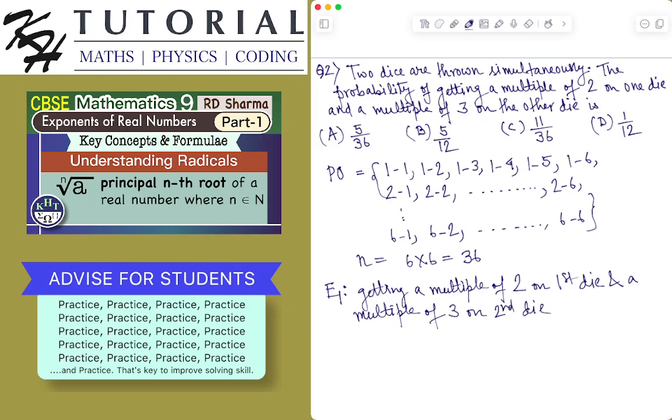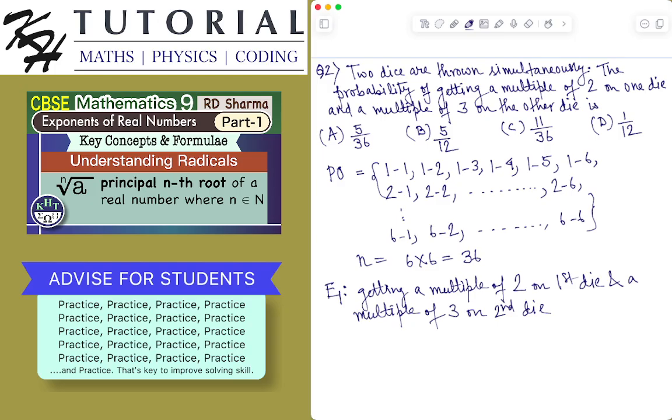I am defining this event because we have to consider all those outcomes where the number on the first die is a multiple of 2 and the number on the second die is a multiple of 3. It could also be that the number on the first die is a multiple of 3 and the number on the second die is a multiple of 2. We have to consider both the cases. So that is why I am defining more events, so that the main event whose probability has been asked in the question, we can define using some other simpler events.